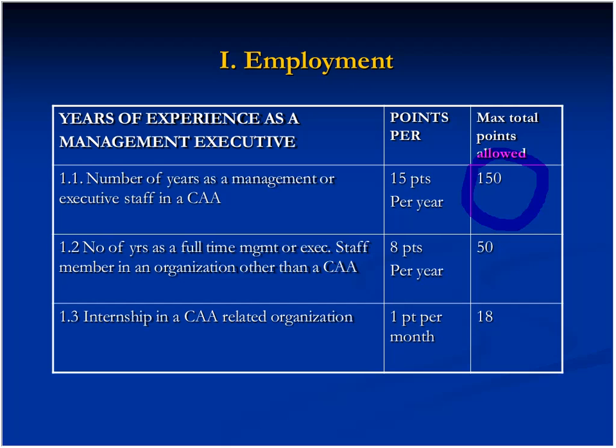So if you've been in your position of management for 10 years, you get 150 points. If 11 years, it's still 150 points. You can't earn more than that. Now, I'm sure many would ask right at this point, what qualifies as a management or executive staff position in the Community Action Agency? Let's look at the next slide, which will show us exactly what qualifies.